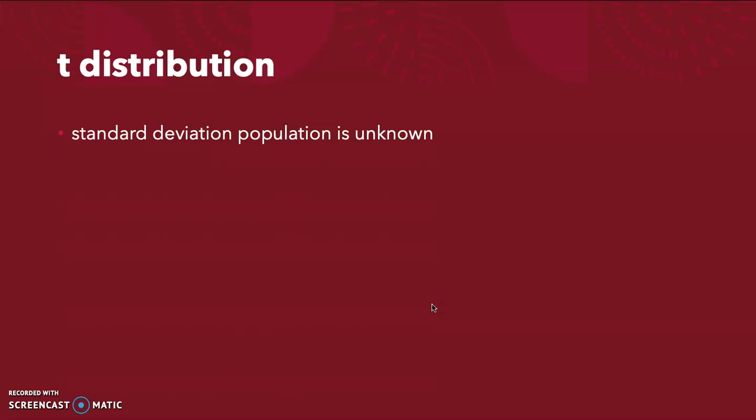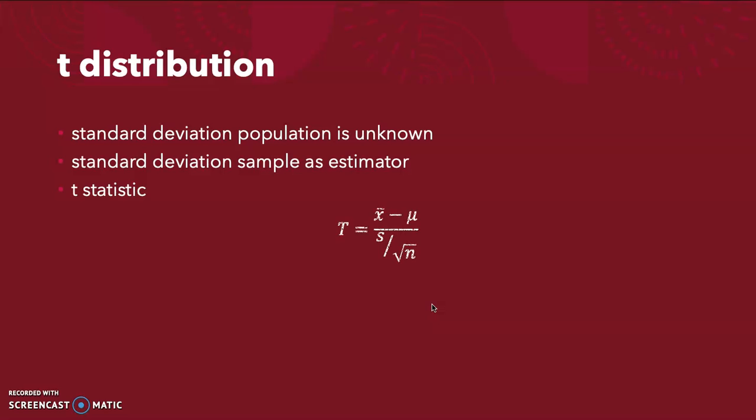When the population standard deviation is not known, we use the sample standard deviation as an estimator. Thus, a normally distributed sample mean is then standardized using the t-statistic. The formula to calculate the t-statistic is as follows, where S is the sample standard deviation and the others are just the same.